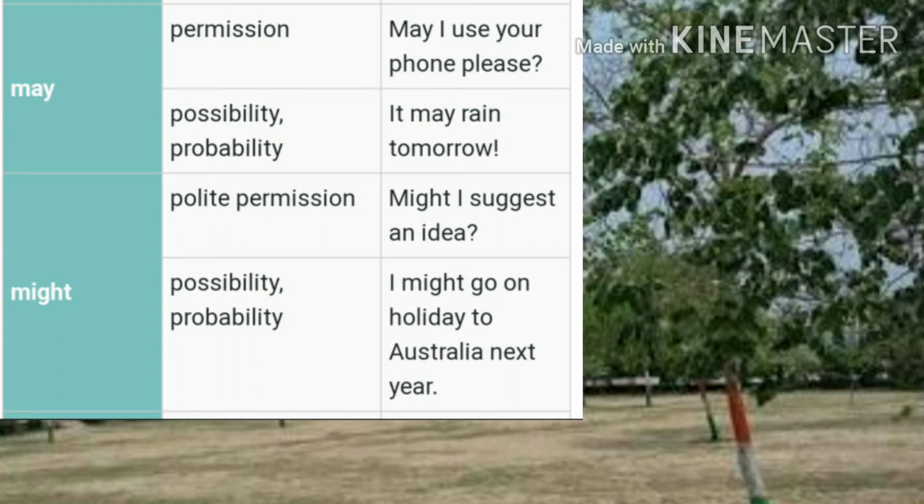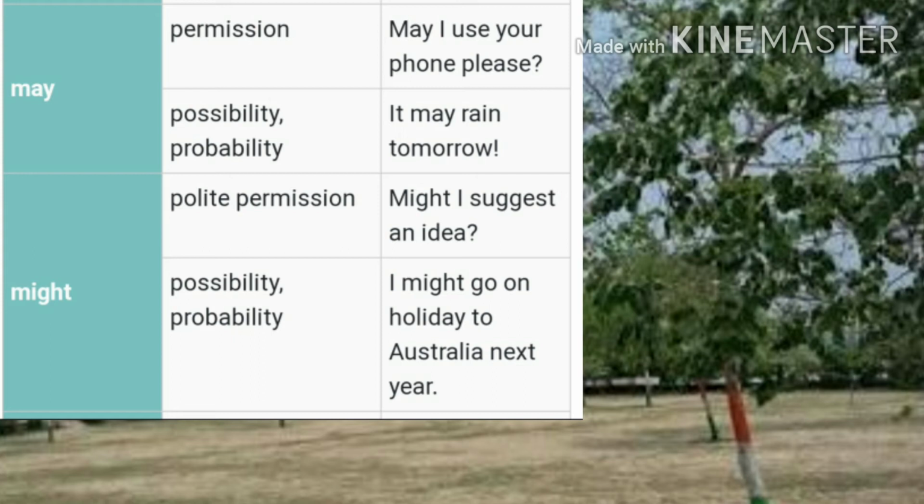Might is used for polite permission, possibility and probability. Might I suggest an idea? Possibility, I might go on holiday to Australia next year. This is the example of possibility or probability, you can say.